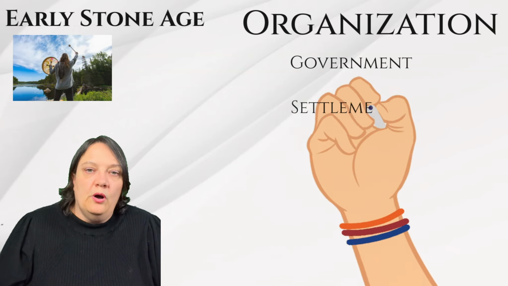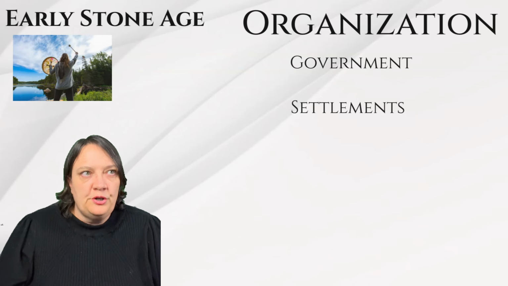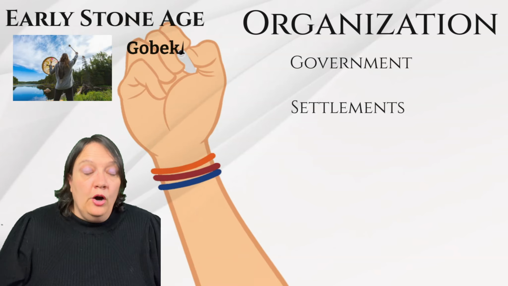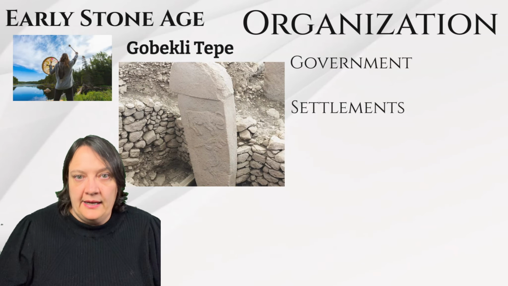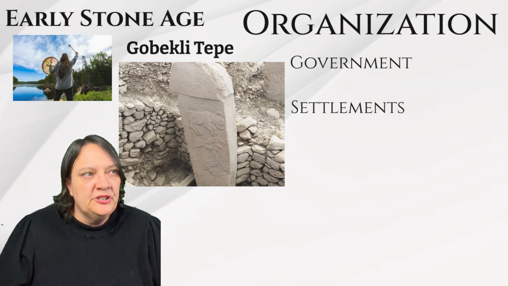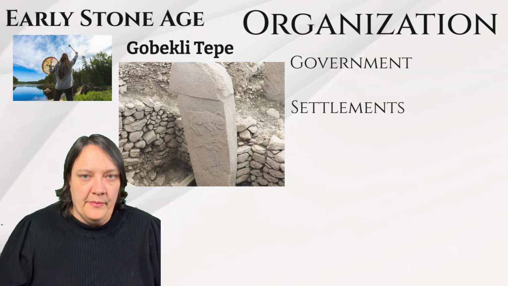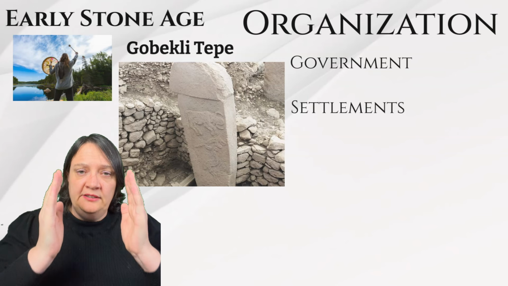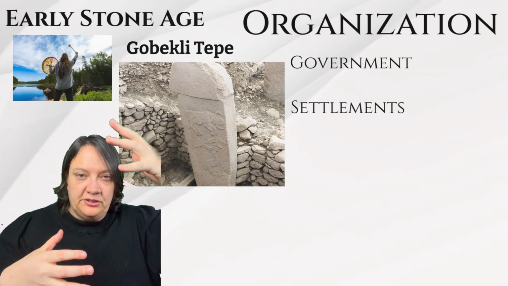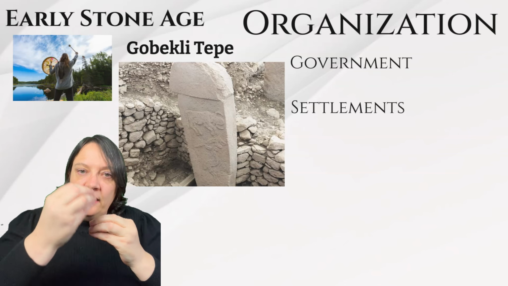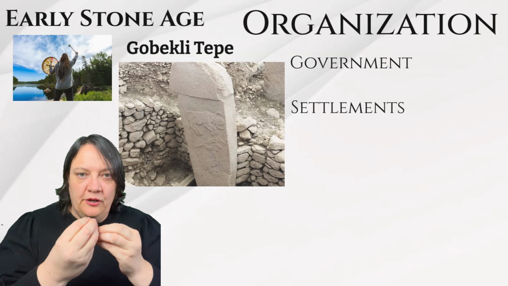In terms of building things together or creating things together, Göbekli Tepe was probably built by like a clan or a multitude of tribes. This is a site in Turkey that is absolutely amazing. It has these T-shaped stone monoliths on it, big stone monoliths with animals carved onto its surface.